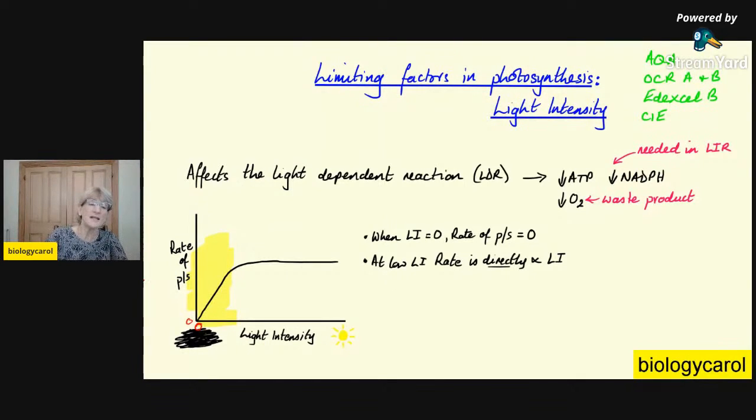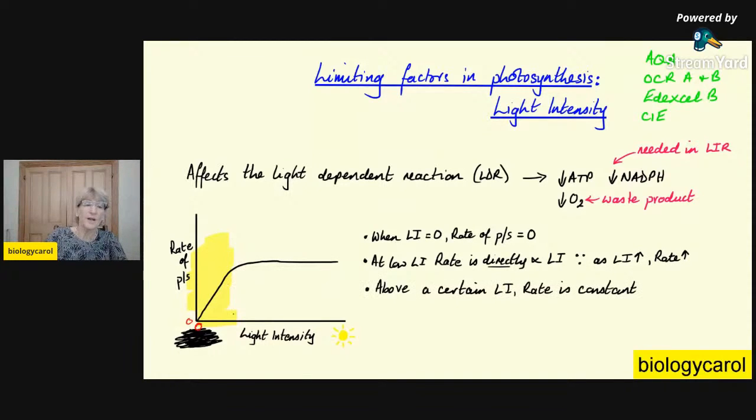And notice here that I have highlighted where light intensity is the limiting factor. Because if light intensity increases, so does the rate of photosynthesis. And equally, if light intensity decreases, again, so does the rate of photosynthesis.